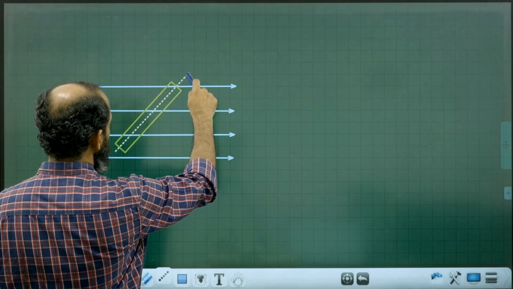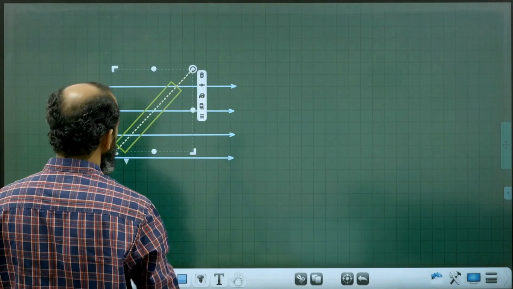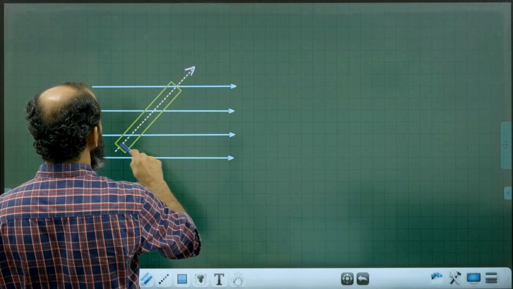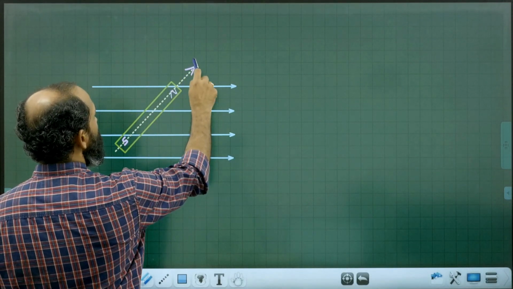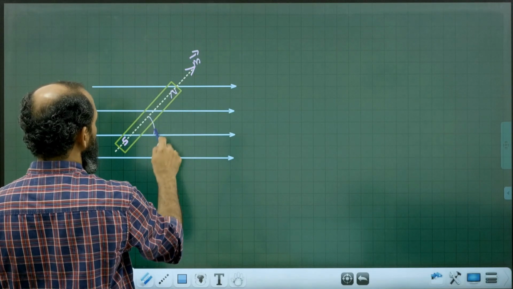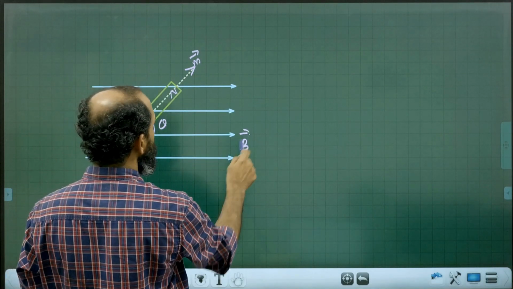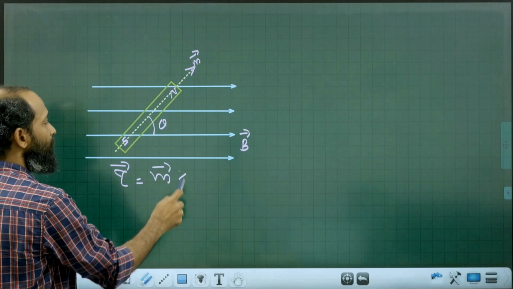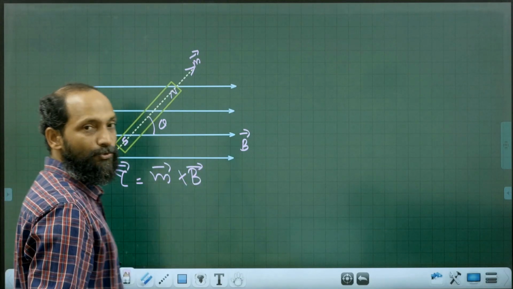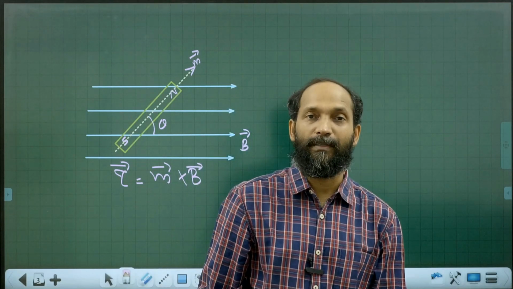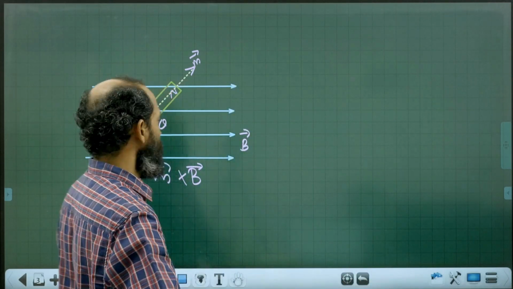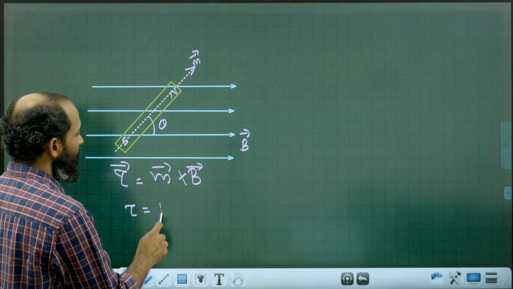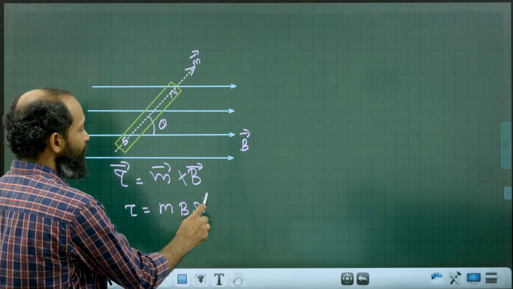This is the direction of the magnetic dipole moment, directed from south to north, m vector, at an angle theta with the external magnetic field. We have already discussed in the last chapter that tau is equal to m cross B. There we used the current loop, here we use a permanent magnet. That's all. Same result. So torque is equal to m cross B, torque is equal to mB sine theta.